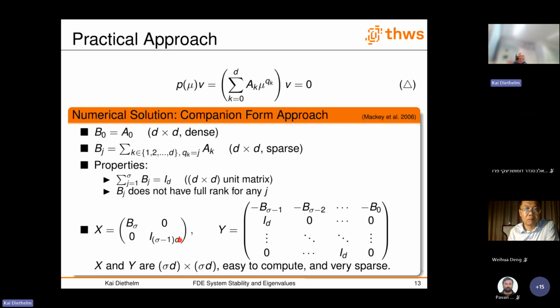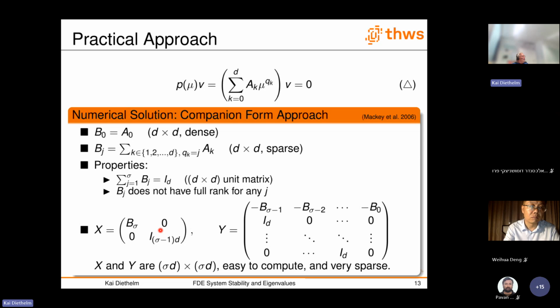So this is something which you can compute very easily. And you can also see the dimension. It's sigma d times sigma d. And because here's a diagonal matrix, B sigma is very sparse. Lots of zeros here. So this is a very sparse matrix.